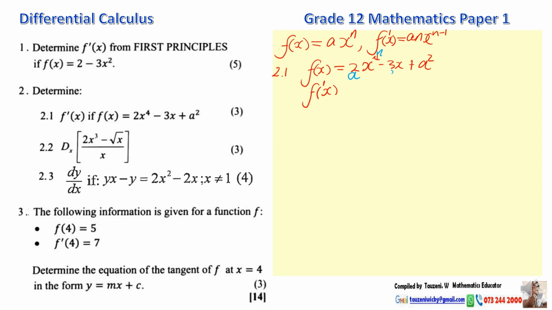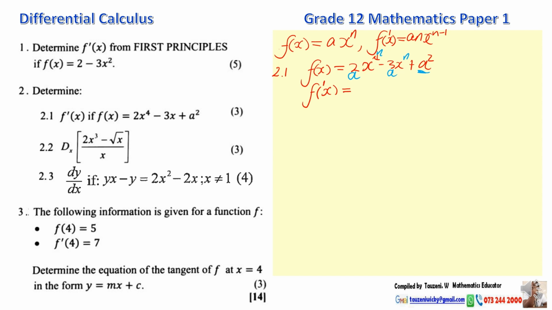In the next one, a, and also the exponent is n. The last term, we are differentiating with respect to x. And that means if there is no x in that term, it is a constant. Therefore, it will become 0. If you are differentiating with respect to x and the term does not contain x, then it will become 0. So our answer for number 2.1 is going to be a times n.